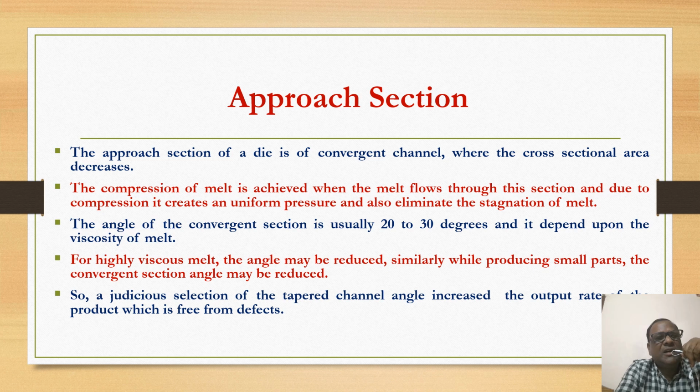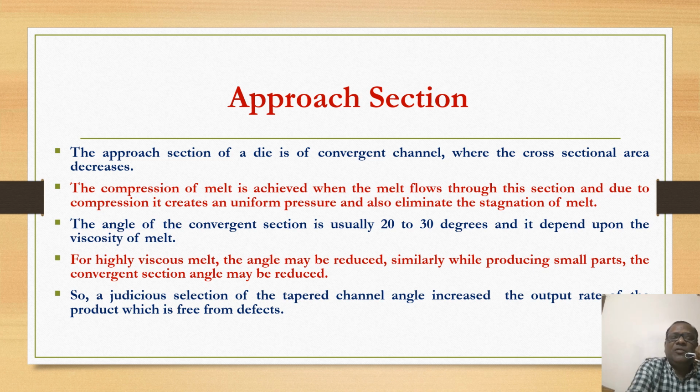That's why the diameter at that end will be the same as the diameter of the extruder. Whatever the barrel diameter of the extruder is, that will also be the diameter of the approach section. But the other end diameter will be lower. That's why it is a convergent channel where the cross-sectional area decreases.